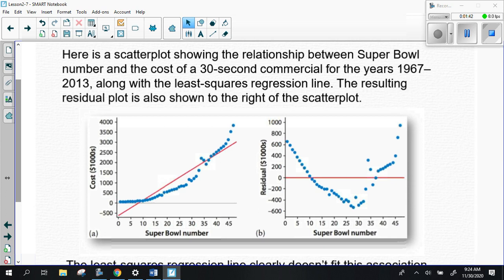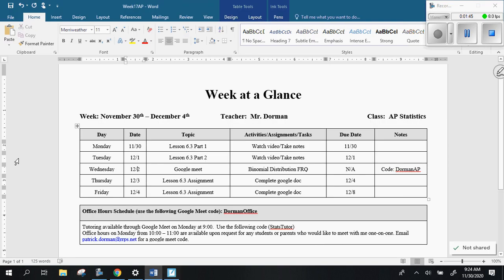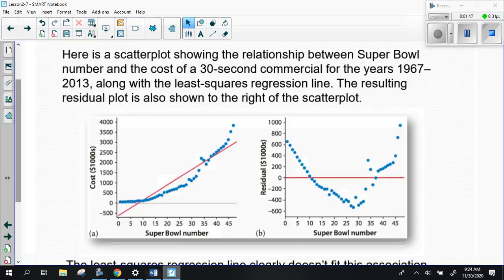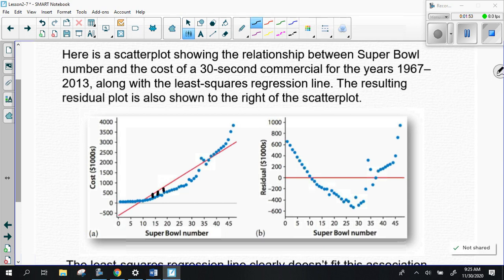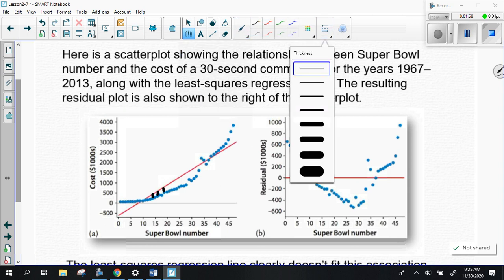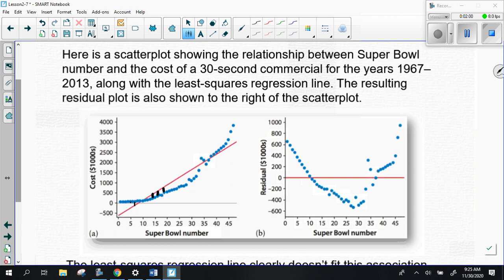What this residual plot is doing is looking at these distances right here, the distance from each point to the predicted line, that least squares regression line.